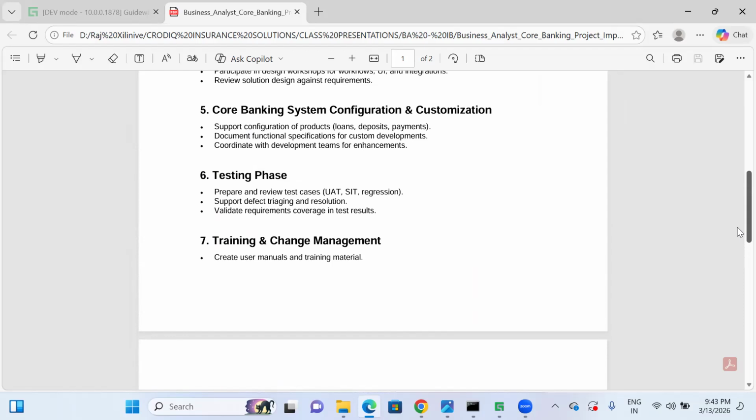How the epics are identified, how the user stories are written, what story points we have given for them, and what acceptance criteria should be mentioned. All these things have to be learned as a BA. That is one of the core and important things one must be good with and familiar with. This is the complete course content where you will be learning all that.